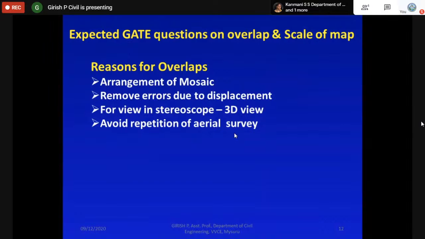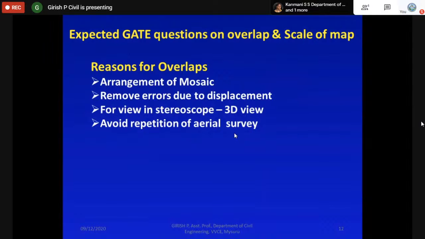The reasons for overlapping: arrangement of a mosaic. Whatever number of photographs are collected are systematically arranged, and once arranged, the photographs collected through the aerial survey have the errors due to displacement removed.